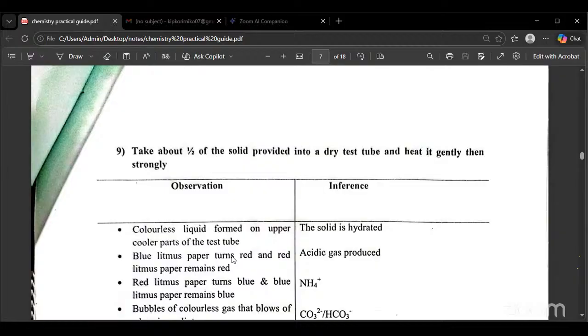And then if the litmus paper changes, if the blue litmus paper turns red, and the red, of course, now there's a problem. Before even I continue, there's a problem with students. Umeweka litmus paper mbili ya red na blue, lakini juu ya blue imechange, you don't say what has happened to the red. You lose marks for that.